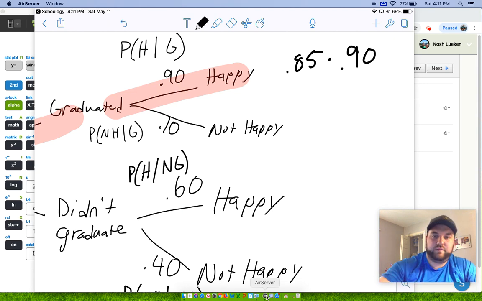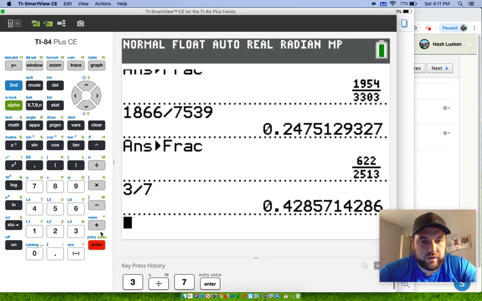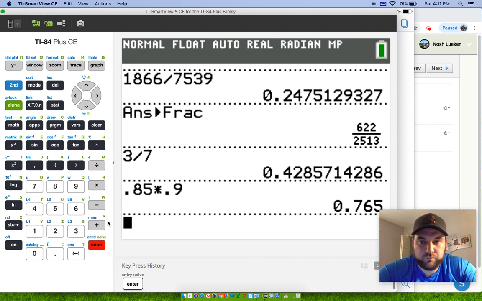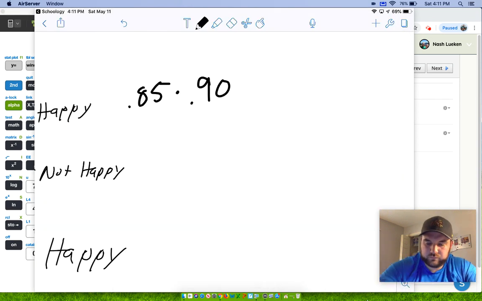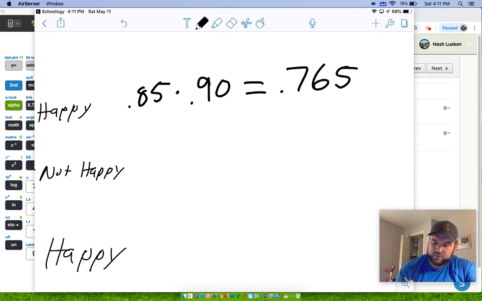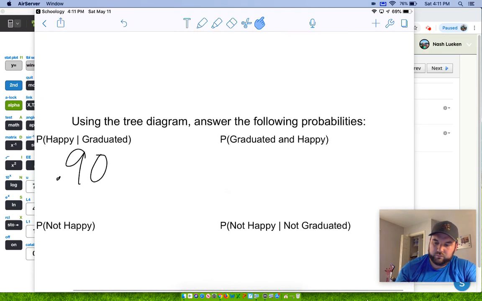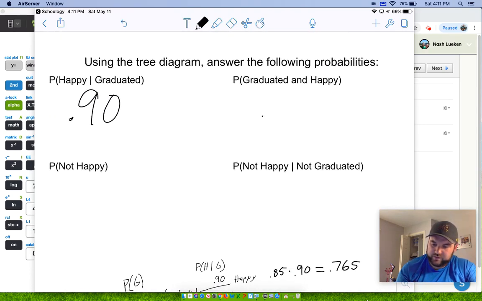So 0.85 times 0.90 will give me the probability that both events have occurred for that person. So it's 0.765. So that is the probability that both have occurred. So 0.765.